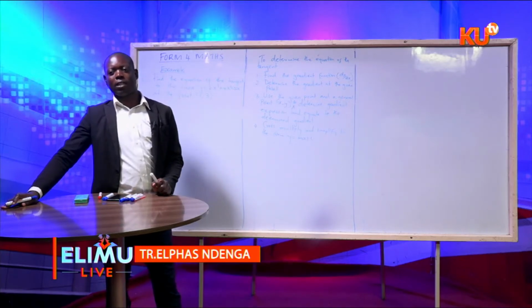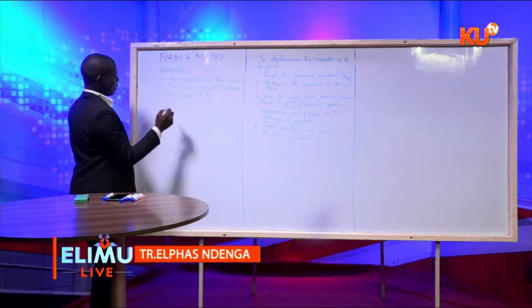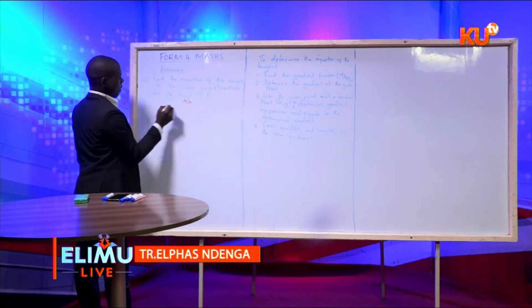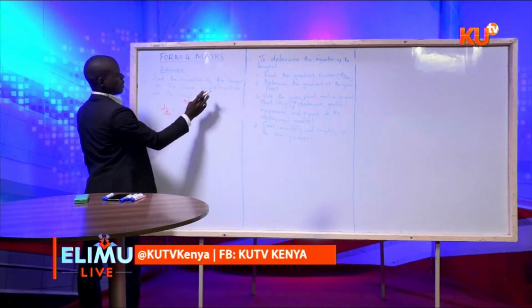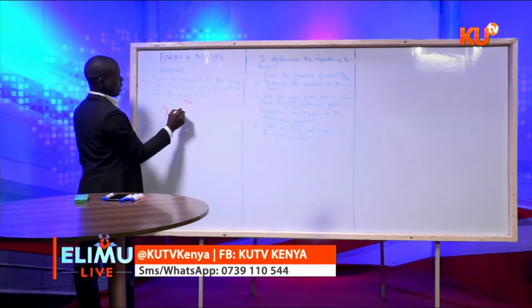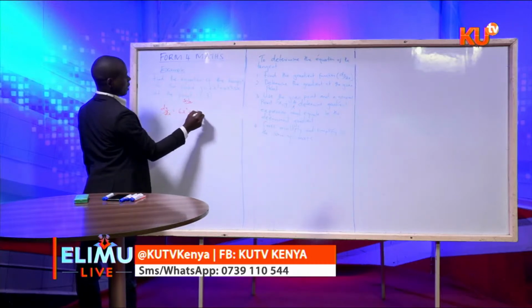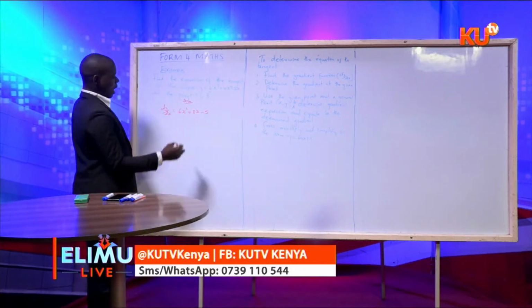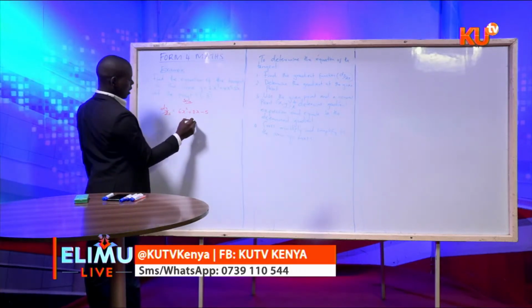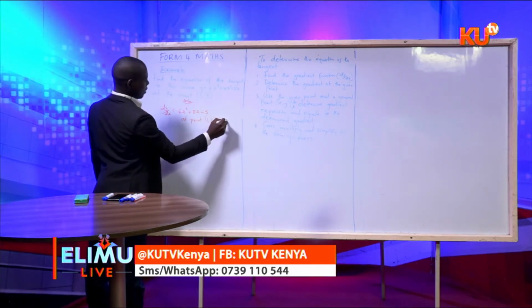What is the first step, students? Yes, we obtain dy dx. So our solution: dy dx is equal to, let's differentiate, 6x squared plus 8x, then we minus 5. Good. At the point 1, 3, what is the value of x?